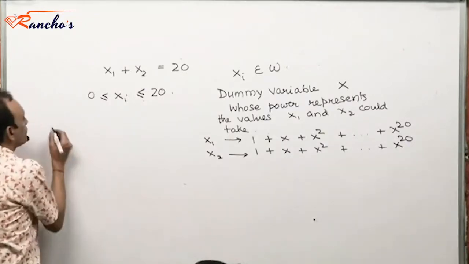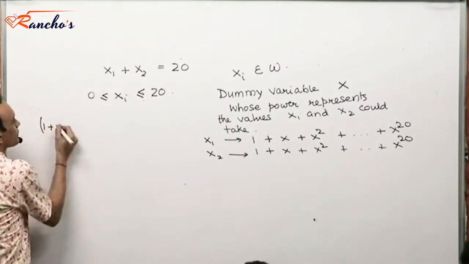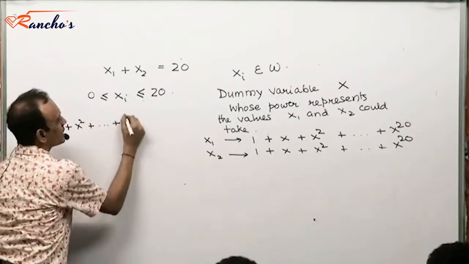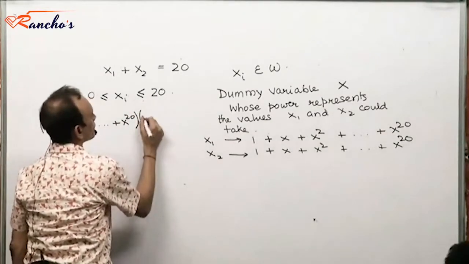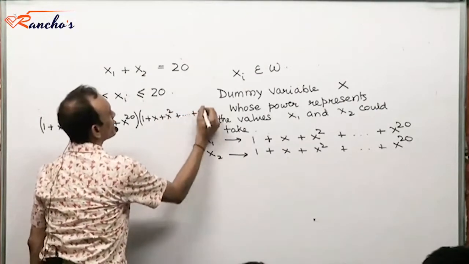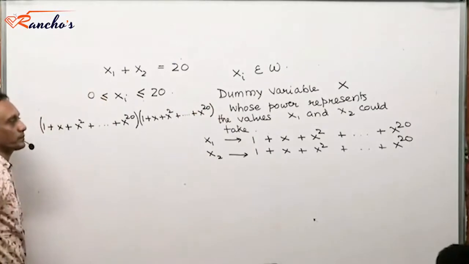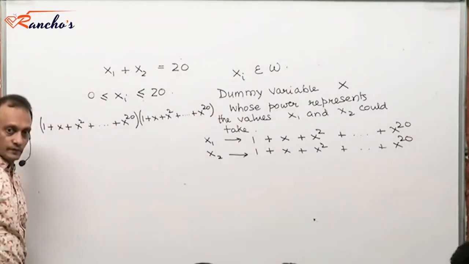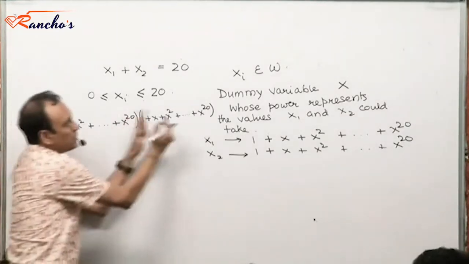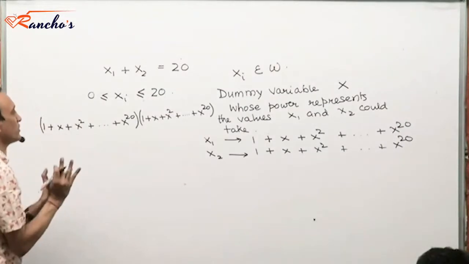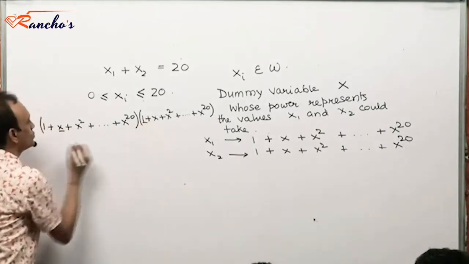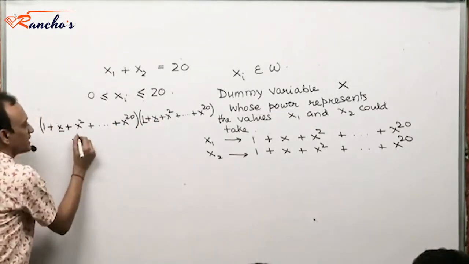Now, I think of a product like this. 1 plus x plus x squared up to x to power 20, times 1 plus x plus x squared up to x to power 20, where the first is about x1 and the second is about x2. When I multiply these, the kind of terms I could get, for example, is x into x, an x square kind of a term.